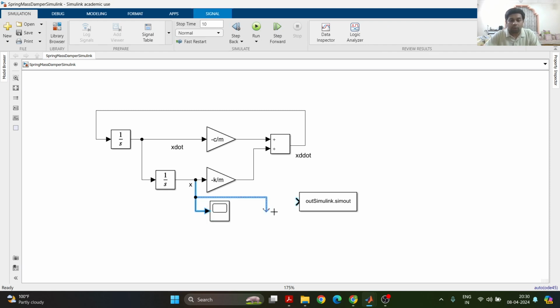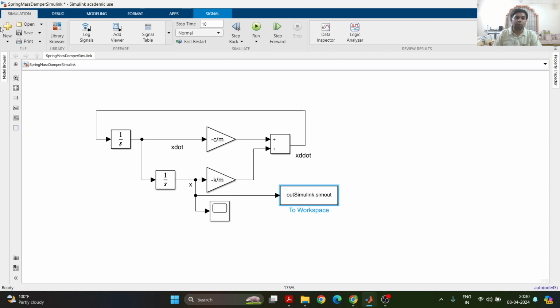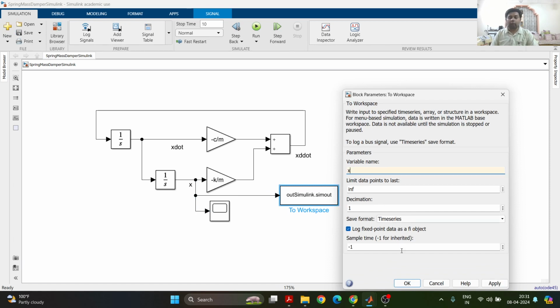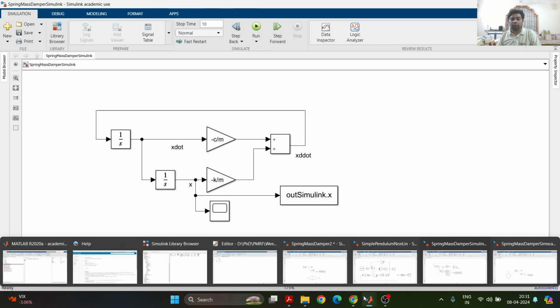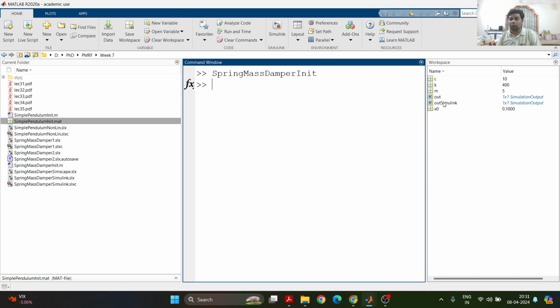This is a To Workspace block, so whatever is the output of the model, it will store in the base workspace as this variable. It will create an object named out Simulink, and inside that there will be a variable x. So if we run the model, we will get objects like out Simulink.